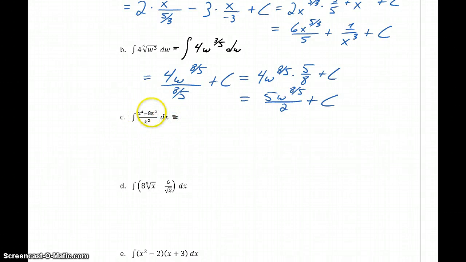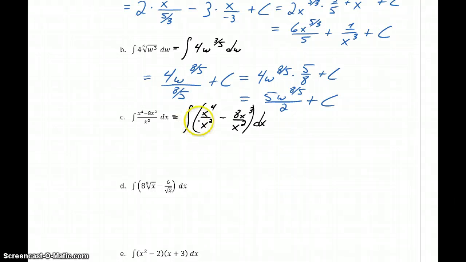So since x to the 4th minus 8x cubed is over this single term denominator, we could rewrite this as x to the 4th over x squared minus 8x cubed over x squared dx. Because if we perform that subtraction, we could combine these over that same common denominator, get back to our original problem.